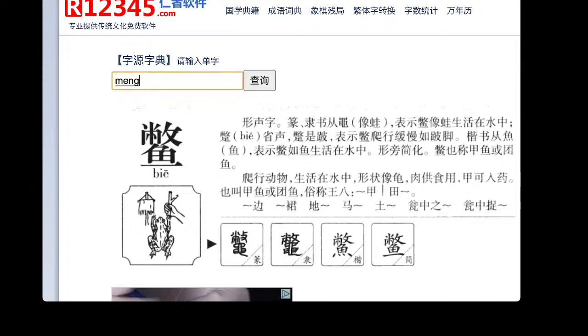Let's see if I can find it in the results. Man, come on. Okay, it doesn't even have it.